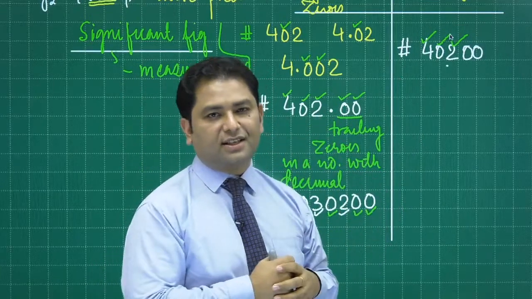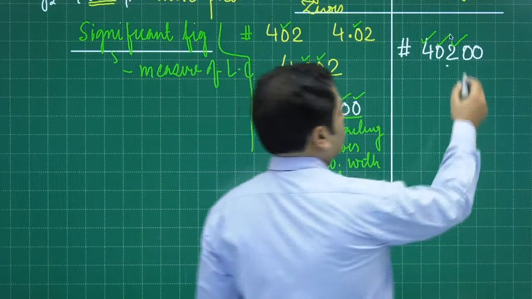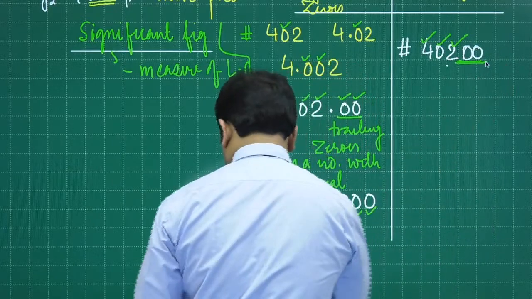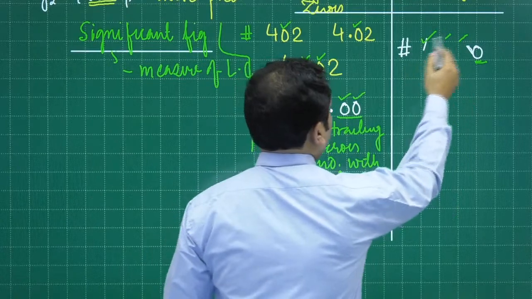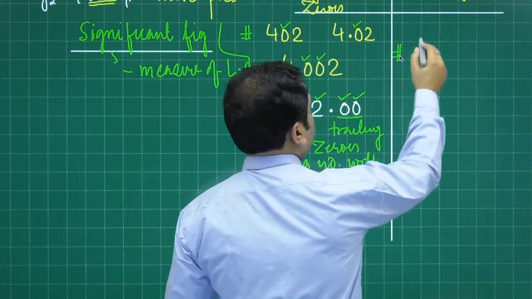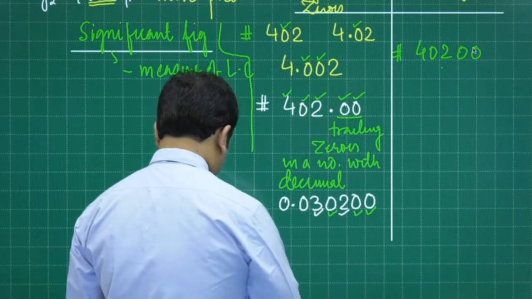The 0 is sandwiched, so that is also significant. And what about these? These are trailing zeros, but there is no decimal here. Let me go with this example, 40200.